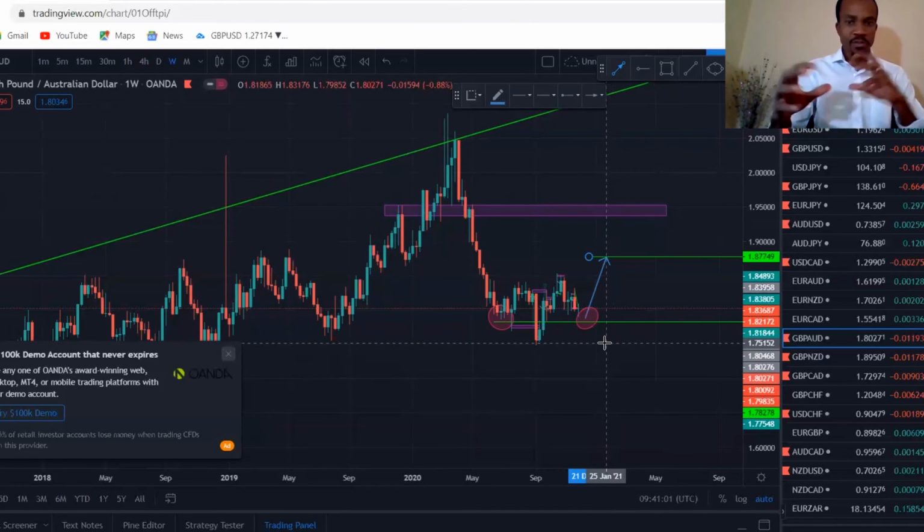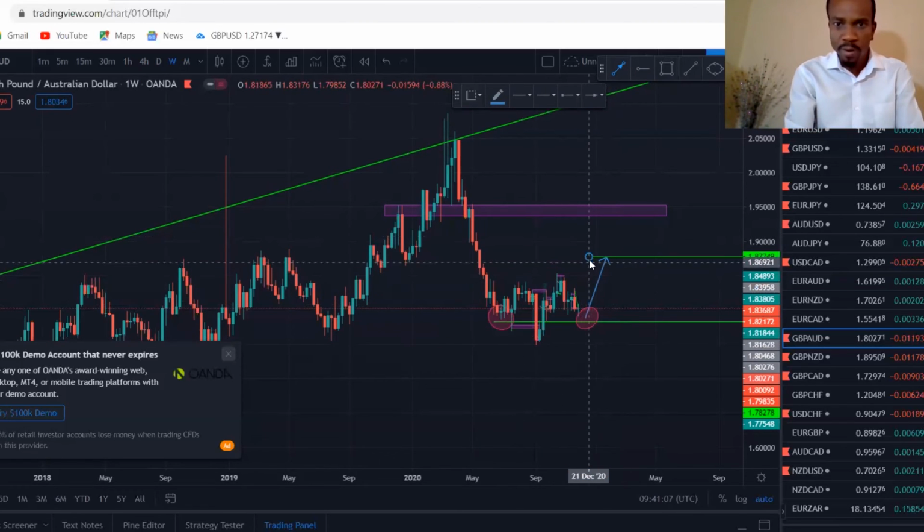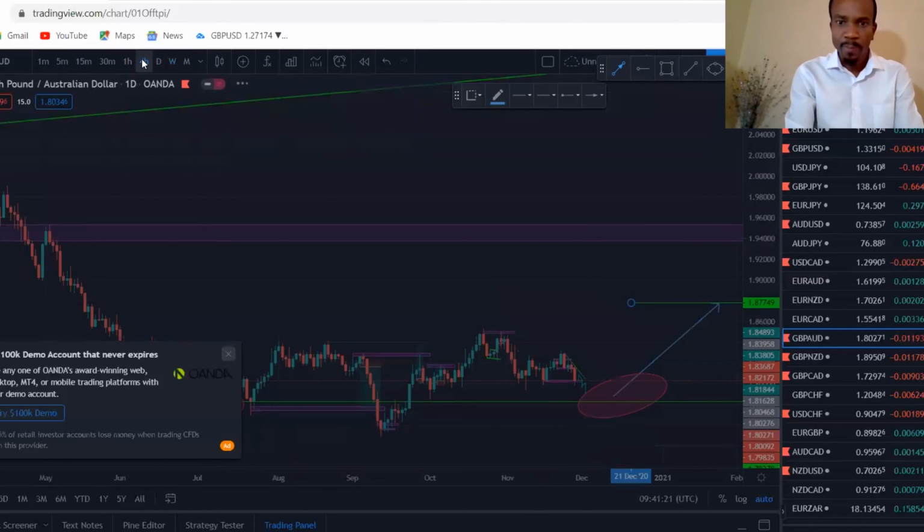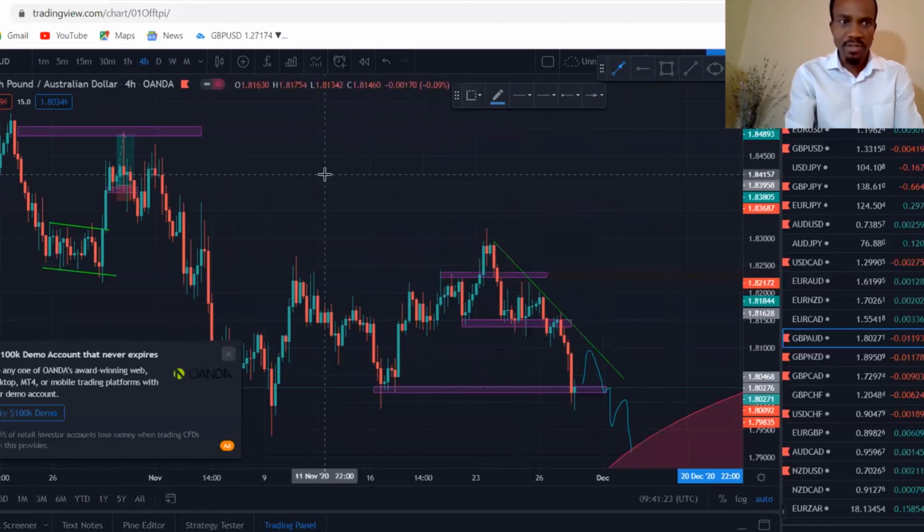So in the coming weeks to December, price may go back to this area of 1.88020. But on our daily, our targets are around that area.